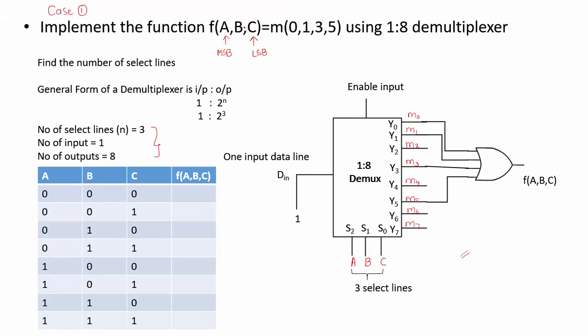You can cross verify this if you want. So these are the input lines A, B, C. Since there are 3 inputs, there will be 8 input combinations starting from 0, 0, 0 and ending at 1, 1, 1. So A is nothing but S2, B is nothing but S1 and C is nothing but S0.